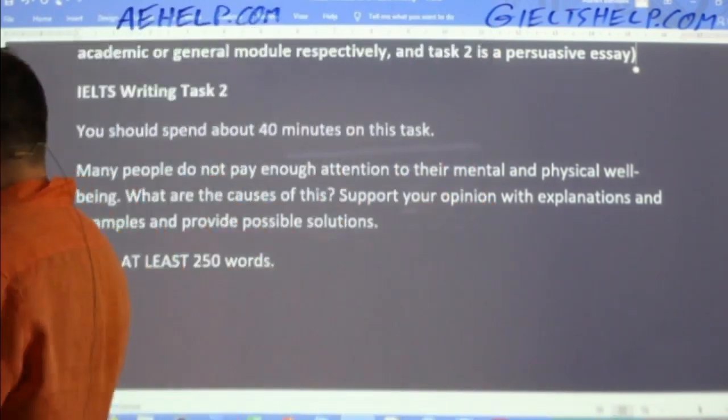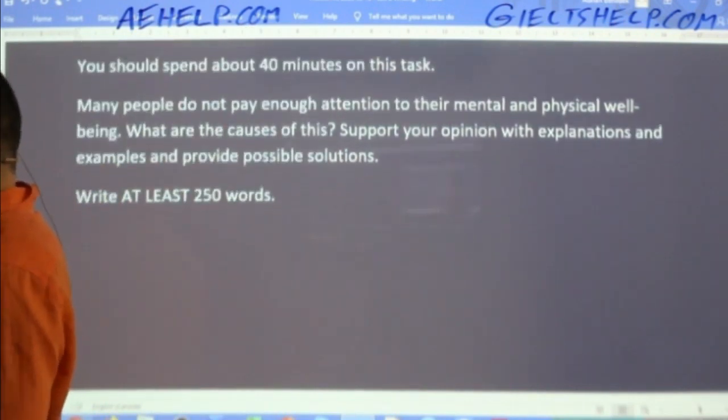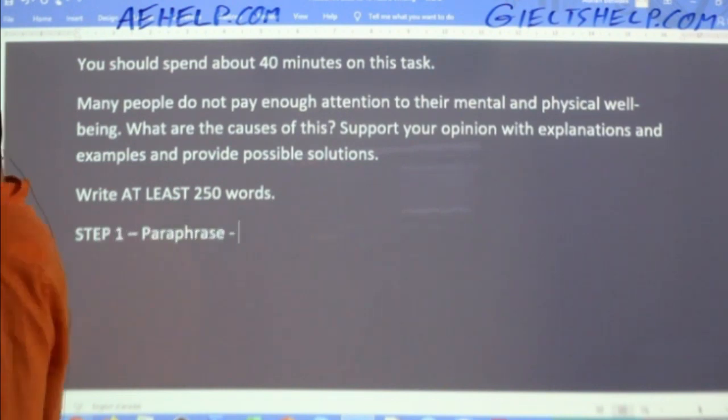Okay, so let's paraphrase. That should always be your first step, especially when practicing at home. So number 1, paraphrase. Okay. So here we go. I'll do the same and then we'll compare it.